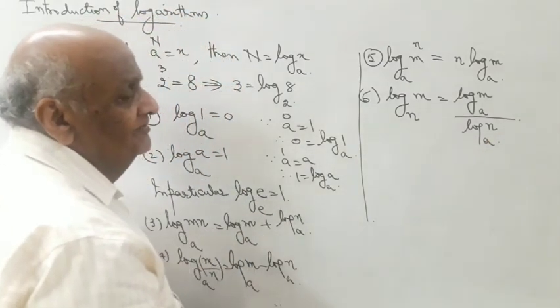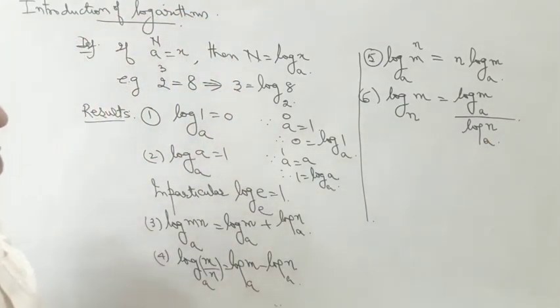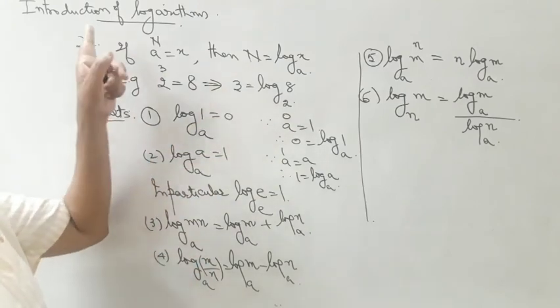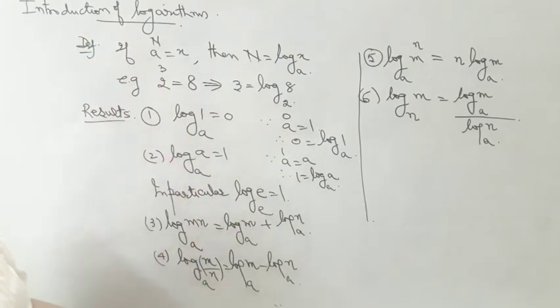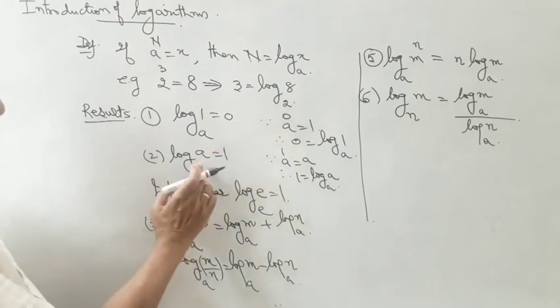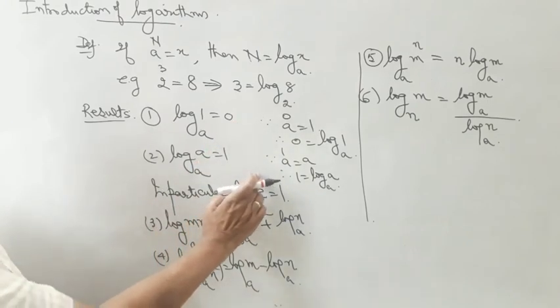Check out. This is known as the base changing formula. When you take up the study of these logarithmic functions, you must be very clear on some of the properties. Log of 1 to the base a is 0.